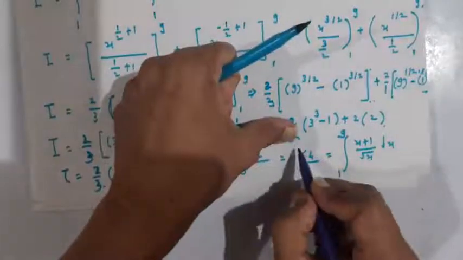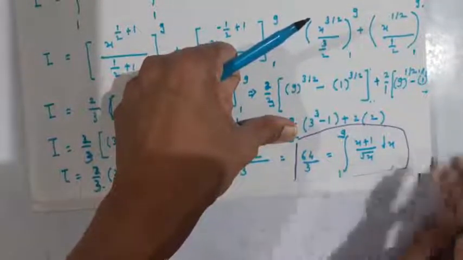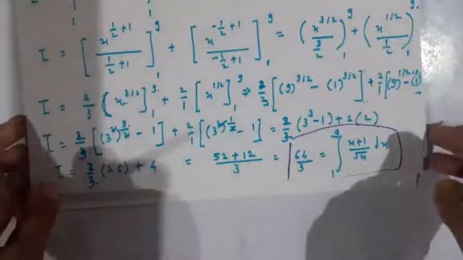In this way, you have to solve the definite integration, which means nothing but finding its integration and putting its upper limit and lower limit.